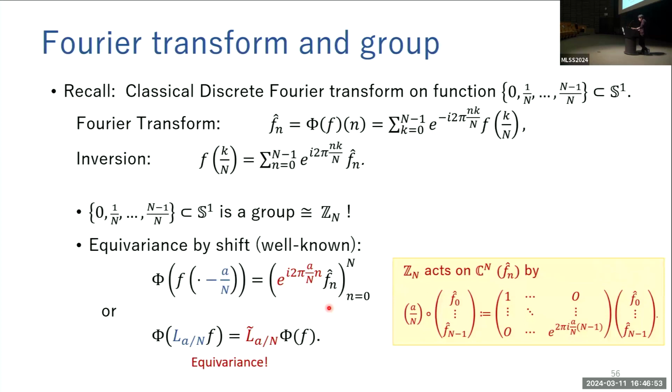In that sense, if this action is denoted in this way, L sub A over n, we can see this is exactly the equivariance relation of the Fourier transform to the additive group of endpoints on the unit circle. Okay? So the bottom line is that the Fourier transform is one very famous example that gives the equivariance relation to the group action of translation.